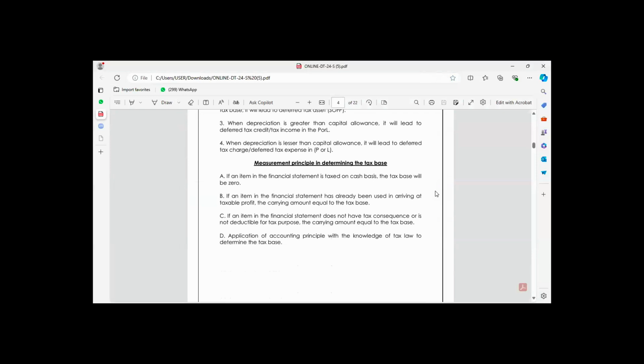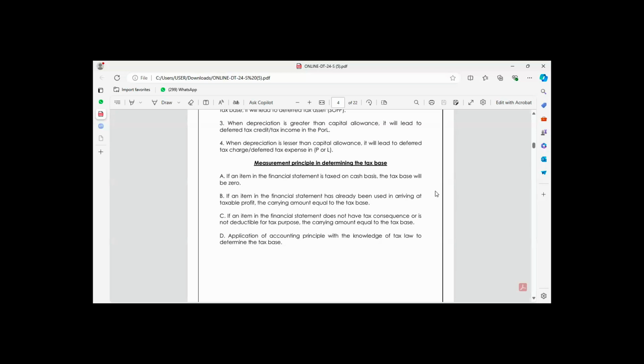Look at the measurement principles in determining the tax base. They will only give you the carrying amount, and you will use the measurement principles to determine the tax base. If an item in the financial statement is taxed on cash basis, the tax base will be 0.